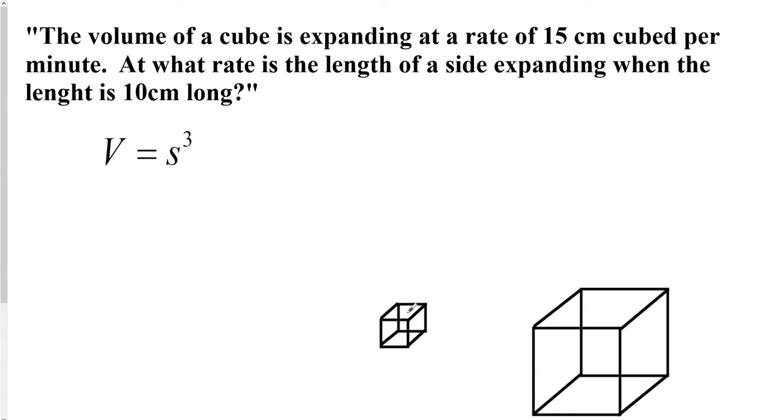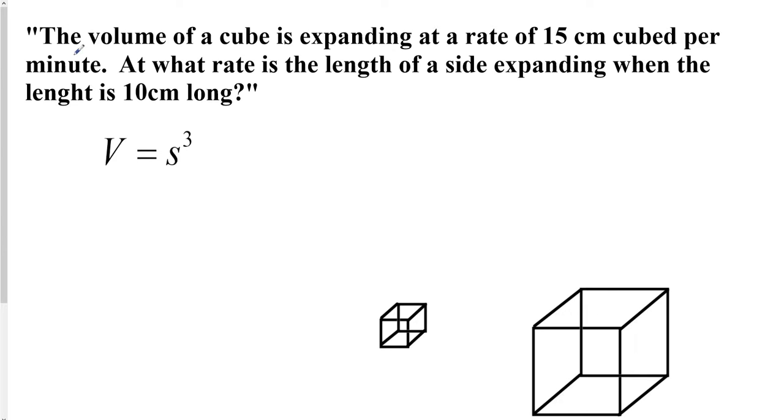When the cube is small, if you're pouring a certain volume into it, it's going to expand very fast right away. But when the cube gets bigger, because volume is a cubic expression, if I'm still pouring at a constant rate, it's not going to expand nearly as fast.